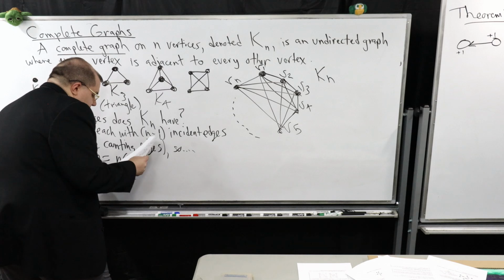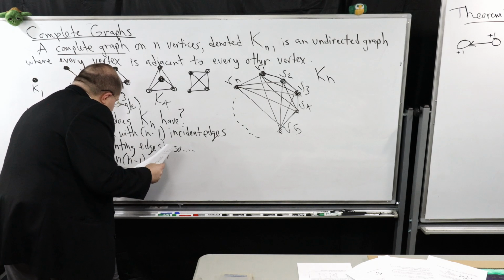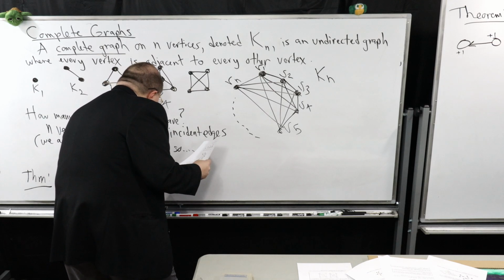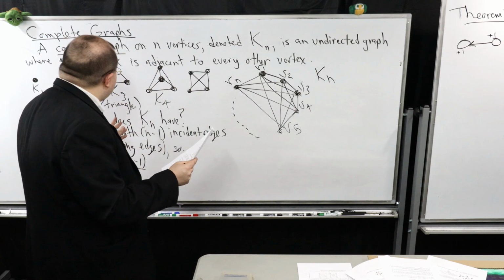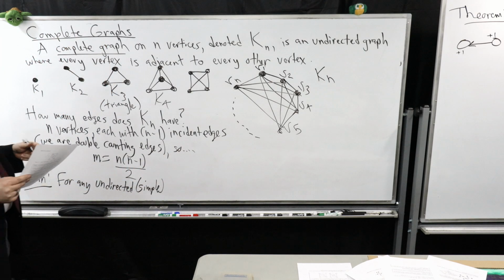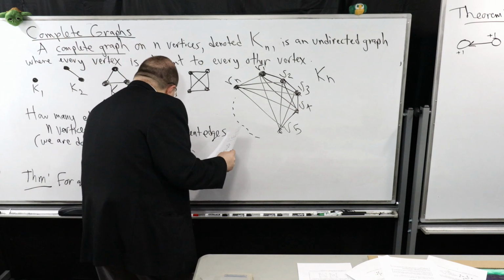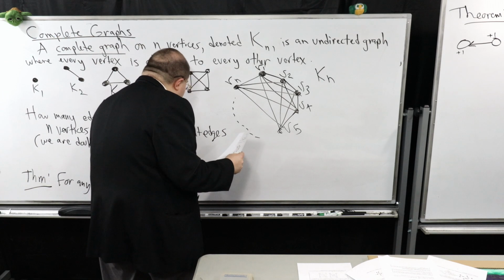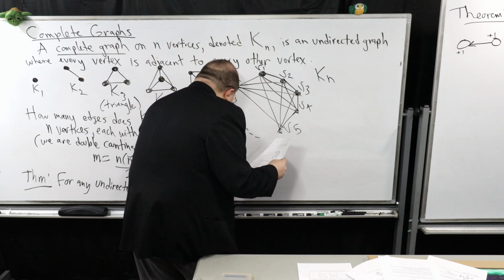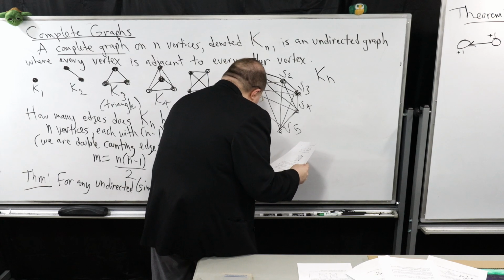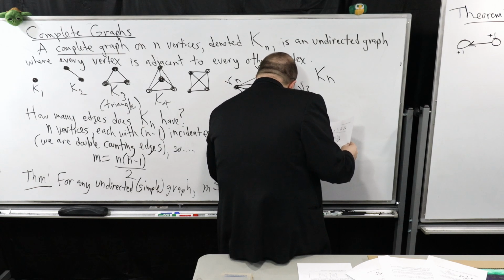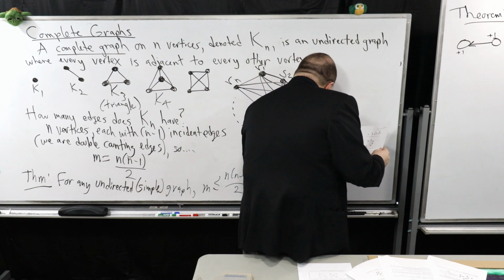For any undirected simple graph, and keep in mind I'm saying simple because I'm just assuming the graph is simple based on how I define the complete graph, m is less than or equal to n times n minus 1 all over 2, which is big O of n squared.